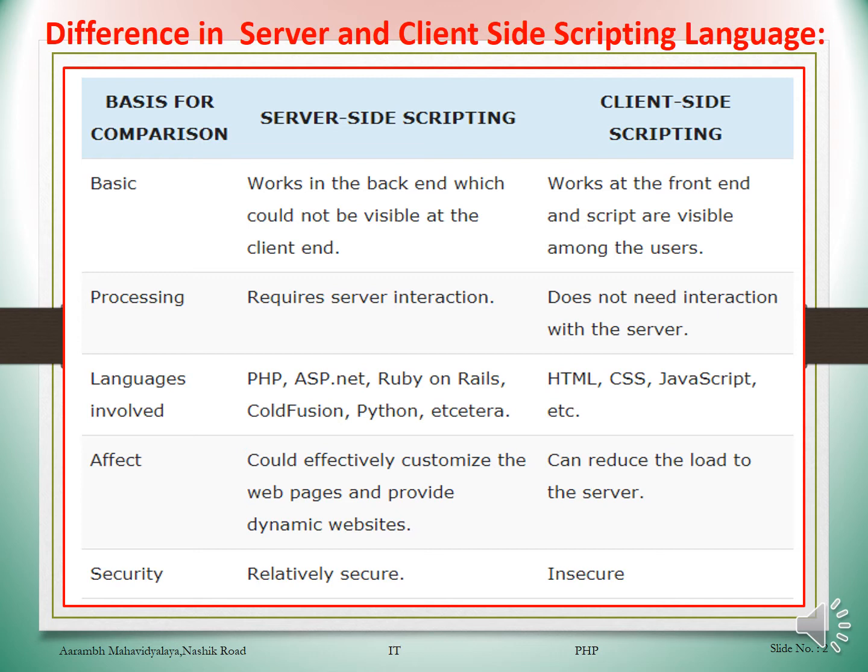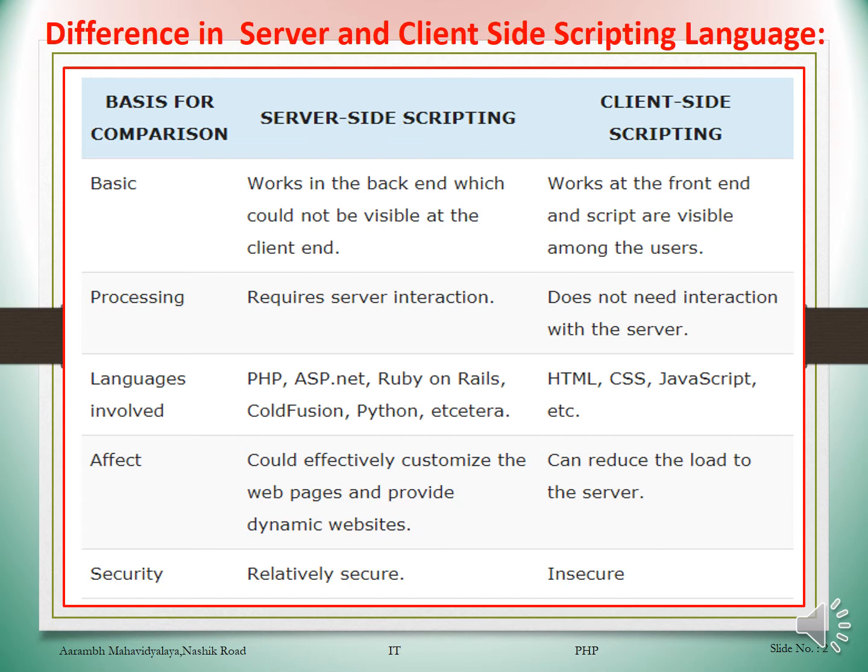For example, as you are working in Word, Excel, PowerPoint, you are just performing the actions but you don't know actually what is happening behind the screen or behind the program. That behind activity is known as the backend. Then client side works at the front end and scripts are visible among the users. Whatever working is done under the client side, that is visible for all.